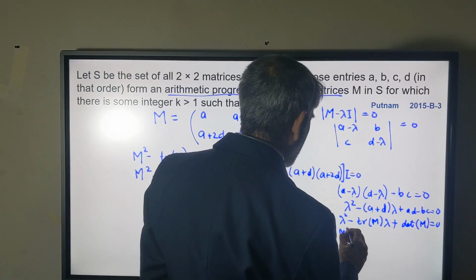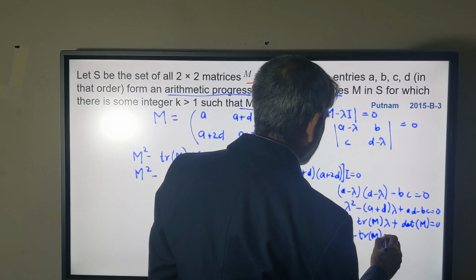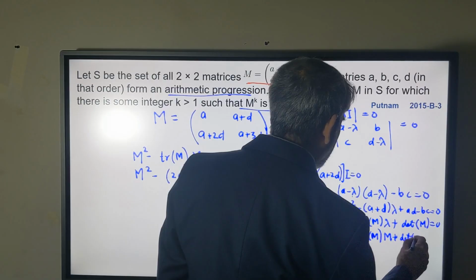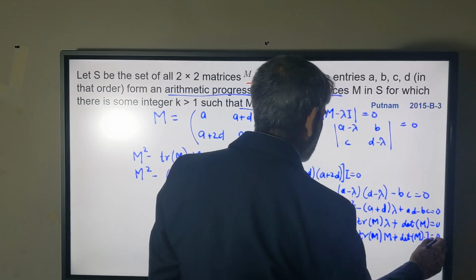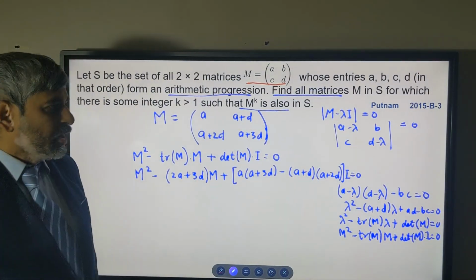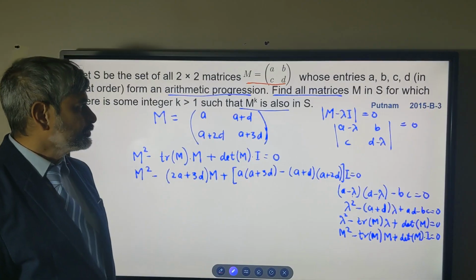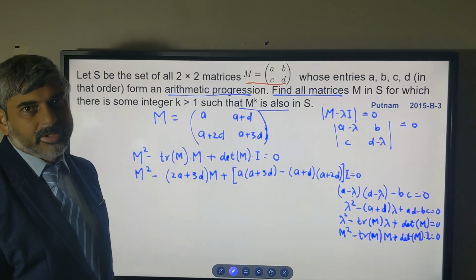So M square minus trace of M multiplied by M plus determinant of M multiplied by this unit matrix I is equal to 0, and we are taking this result to write this for this particular matrix M, which has its elements in arithmetic progression.